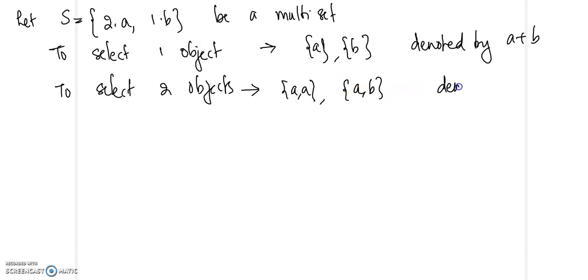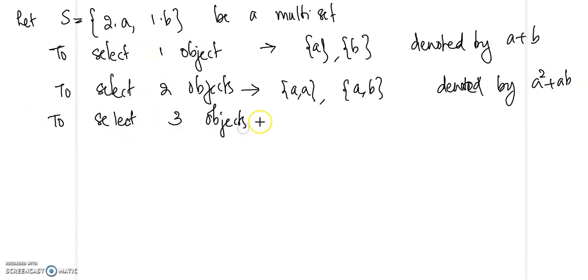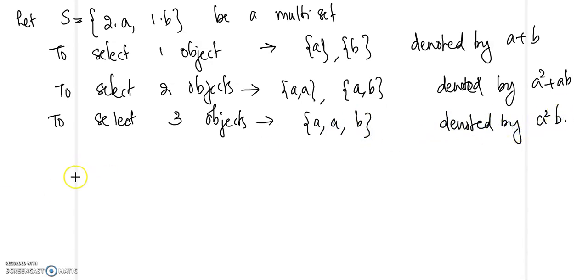So this will be denoted by A square plus AB. Totally the set has 3 elements, so if you need to select 3 objects, we have A square B.